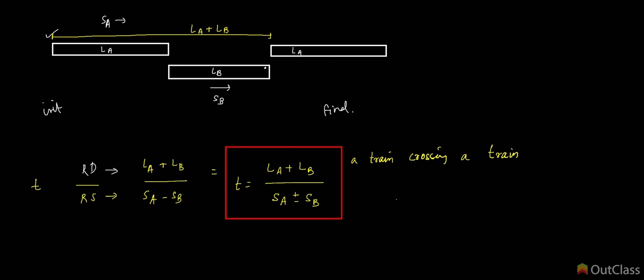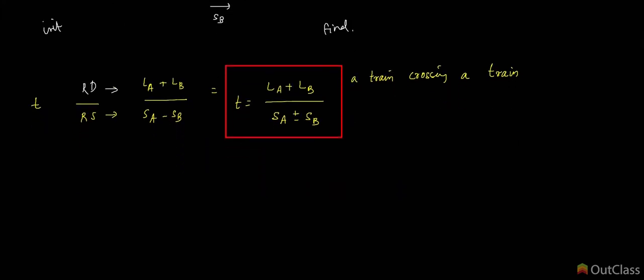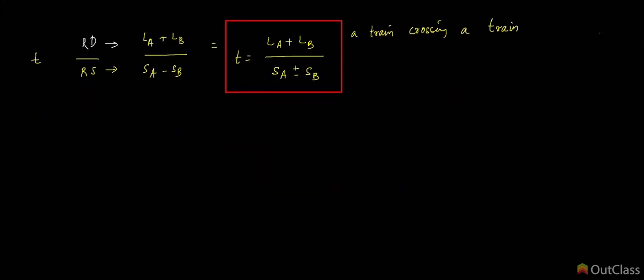Using this equation, you can find other things like the formula for the time taken by a train to cross a platform. So you have a train which is not stopping at this particular platform, it's just whizzing past. How much time does a train take to cross the platform? You can just consider the platform as a stationary train, it's nothing else.